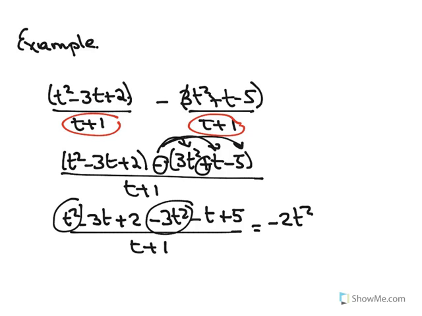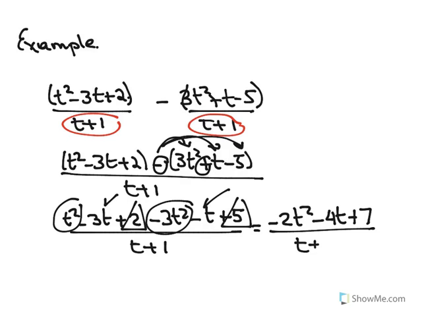And then I have negative 3t minus t, a negative 4t, and I have this 2 and this 5, and have a 7. And then in the denominator, I have a t plus 1. I'm going to leave that expression as it is, since I'm not going to be able to factor that numerator.